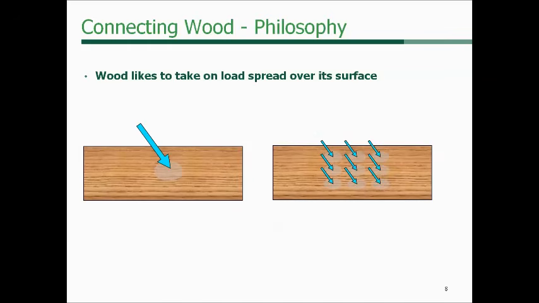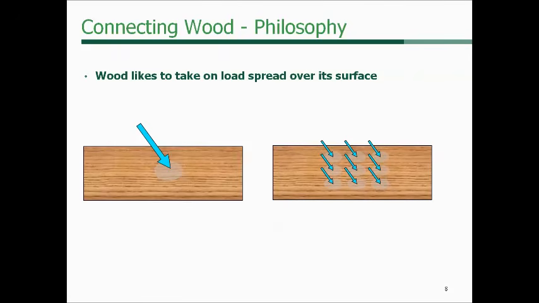So we're not saying that you cannot design a connection with a single, large single bolt, but if you have a choice to use a lot more smaller fasteners versus fewer large fasteners, that should be your preference. Connection design can be as much an art as a science, but that's sort of an underlying philosophy if you're new to connection design that you may want to be aware of.